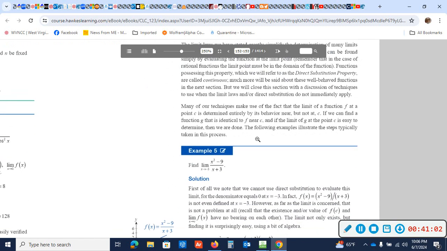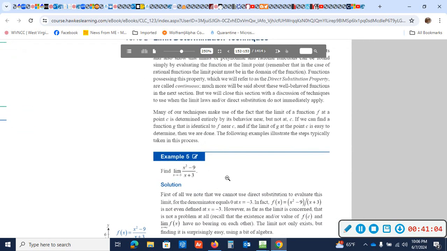It's worth noting that sometimes you don't get off easy. The limit as x approaches -3 of this expression, I can't just plug in -3 because the denominator would be 0. However, the limit doesn't care about what happens when x equals -3.